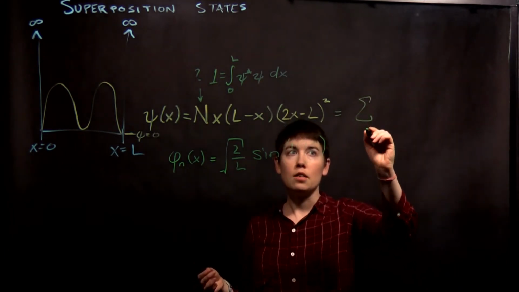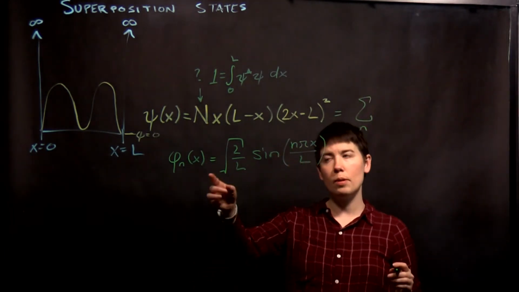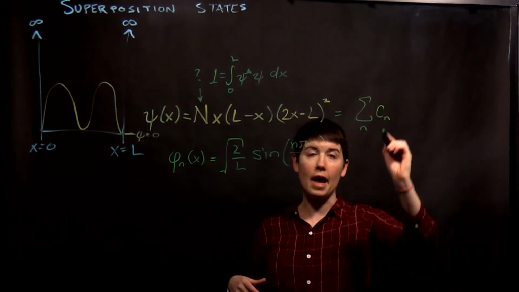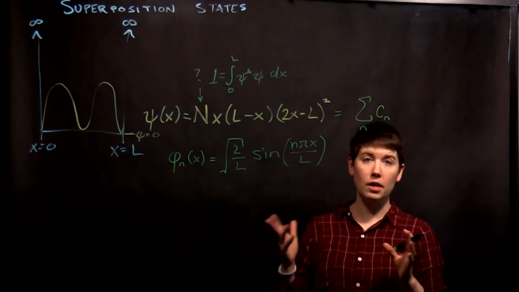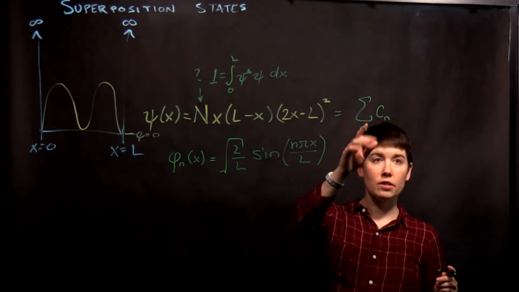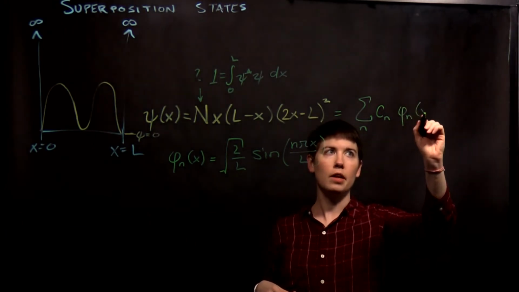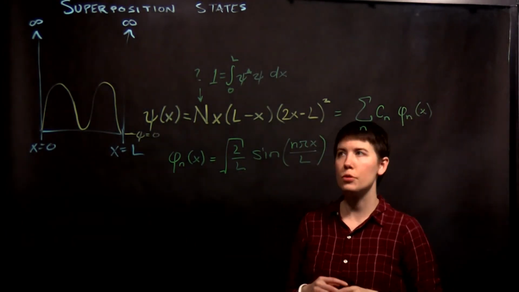So what that would look like is a sum over n, and remember that n starts at 1 and goes to infinity, of Cn, some coefficients. I'm not saying what they are yet, but each one is going to be different, which is why I'm writing it that way. Phi n of x. Okay, not too bad.